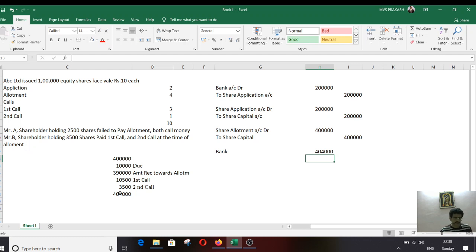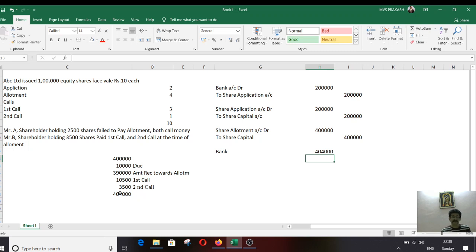There are 2,500 shareholders who failed to pay the allotment money, so 4 rupees each is not received, and I received 3,90,000. Another 4 rupees extra came in terms of first call and second call: 3,500 into 3 and 3,500 into 1, giving a total of 4,04,000 received.